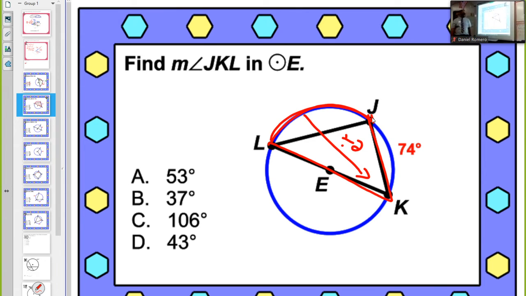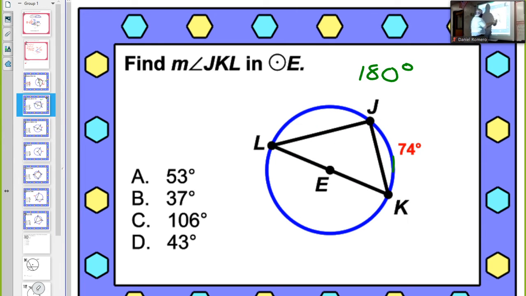Well, again, what type of segment is LK? It's the diameter. So I know all of this is 180. If I wanted to figure out how many degrees there are in the arc that's being intercepted by JKL, how can I find that?